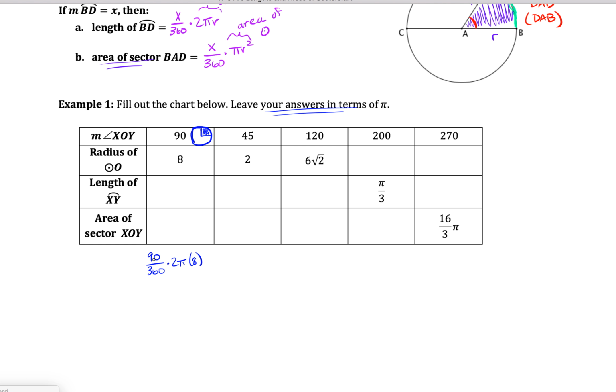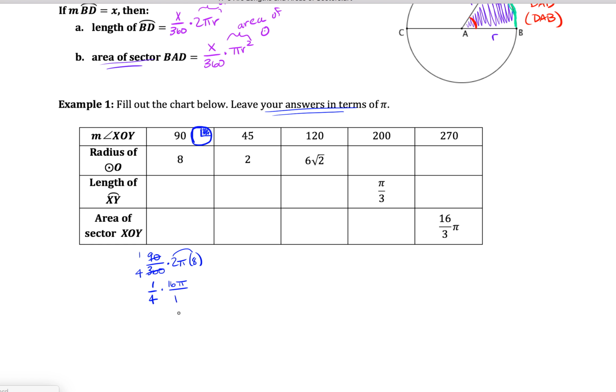Let's first take this 90 over 360 and reduce that fraction. That reduces down to 1 over 4, because I can divide both by 90. 90 divided by 90 is 1, and 360 divided by 90 is 4, so that's 1 over 4, times 2 pi times 8. If I'm leaving my answer in terms of pi, I want to multiply the 2 times the 8 to get 16, and then put that pi on there.